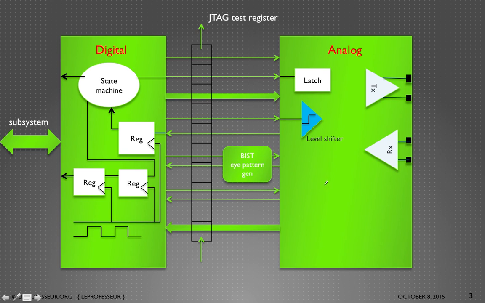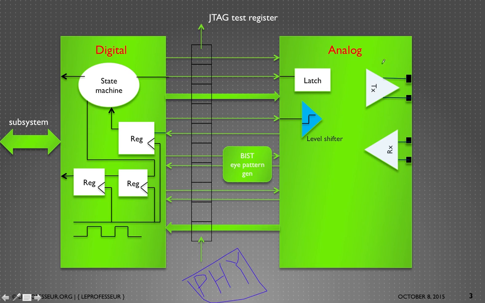And it is interacting with the rest of our subsystem in the full chip. Now the analog block on the other side, note that this is a typical PHY. Different PHYs have different structures, but this diagram shows a typical PHY structure.